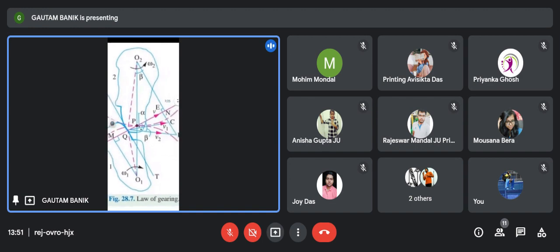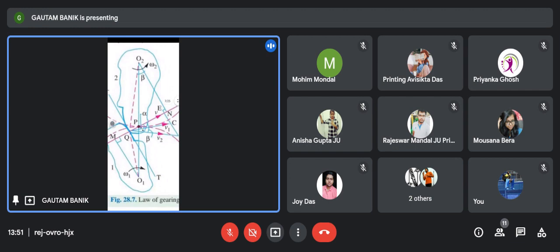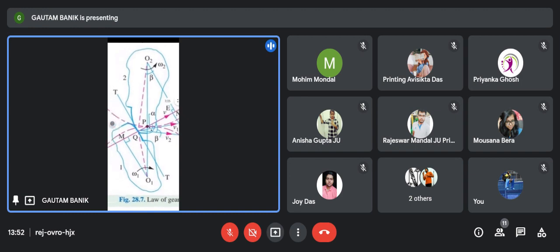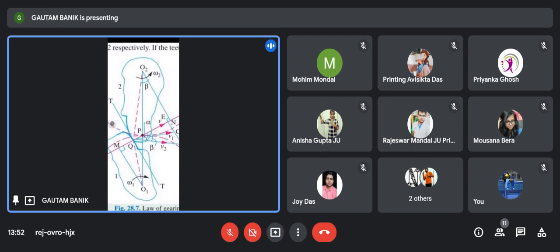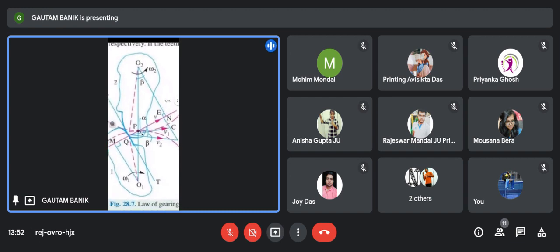The force is acting along it, the arrow is given in this position, and the common horizontal line is a tangent. It is the pitch line velocity.